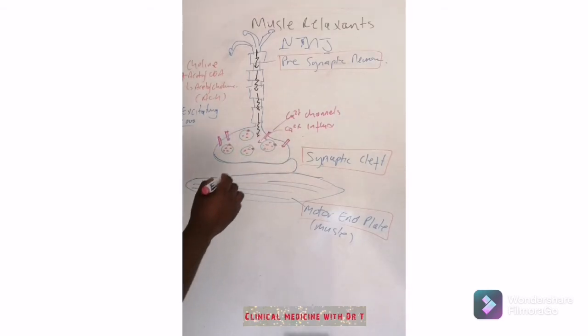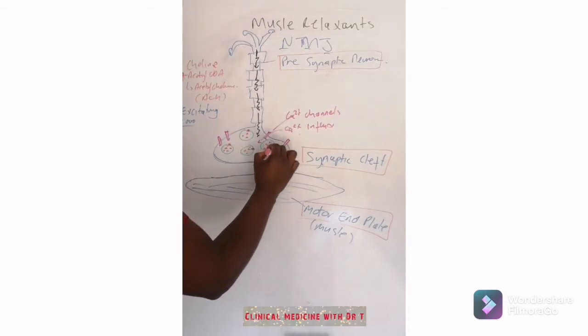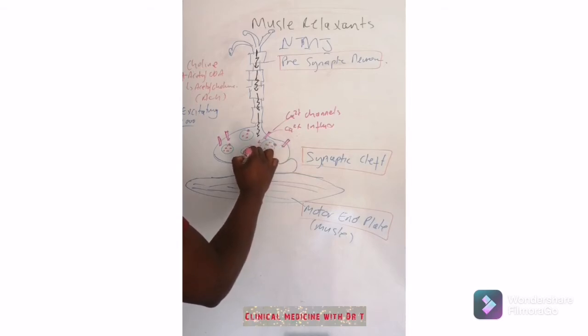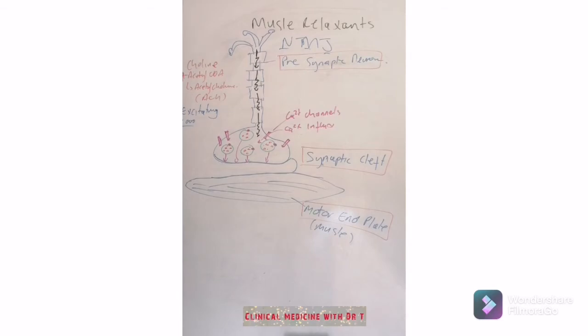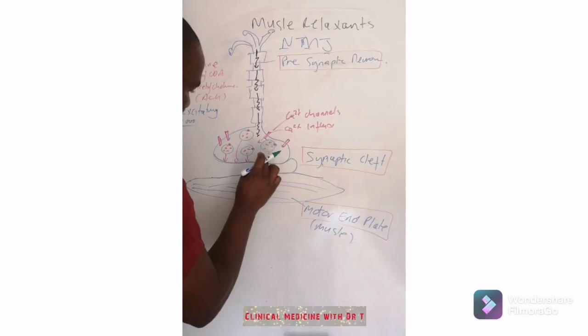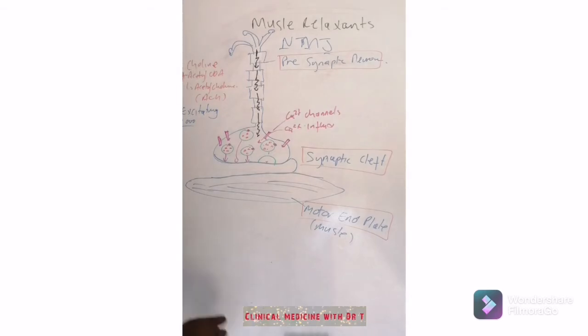Once that happens, the vesicle starts to migrate towards the end of the bulb and ends up fusing with the wall of the bulb.